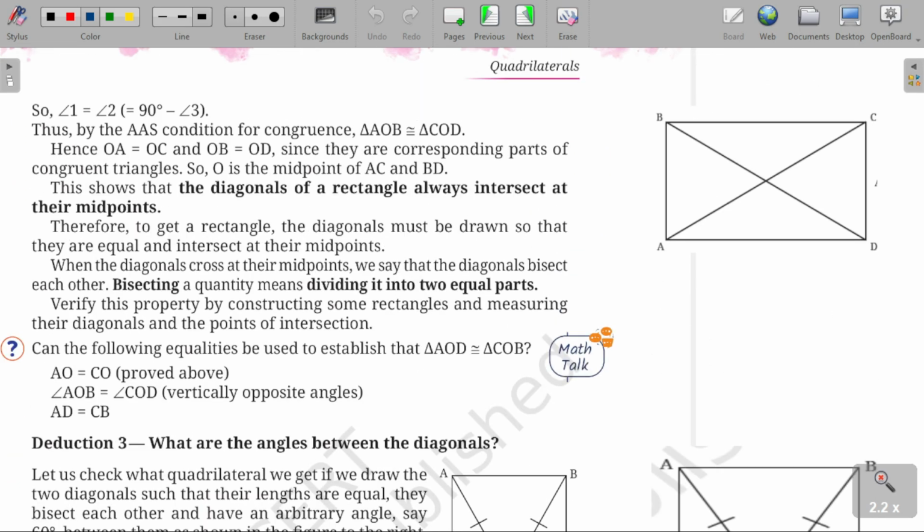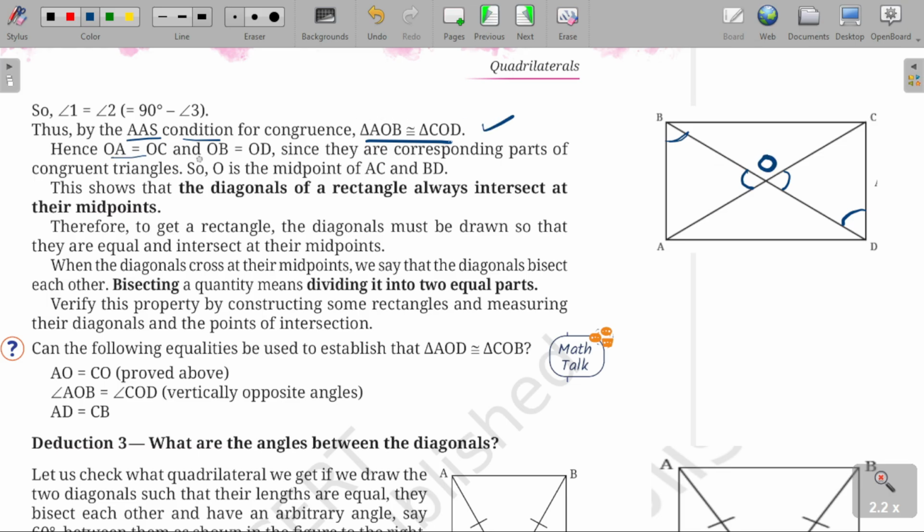we get to know that by AAS condition, the congruence holds here. Okay? By AAS, angle, angle, side. By this criterion, we can prove it, and where O is the intersection, okay, they are congruent.